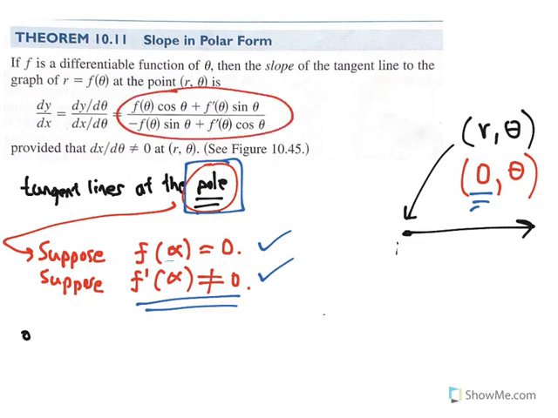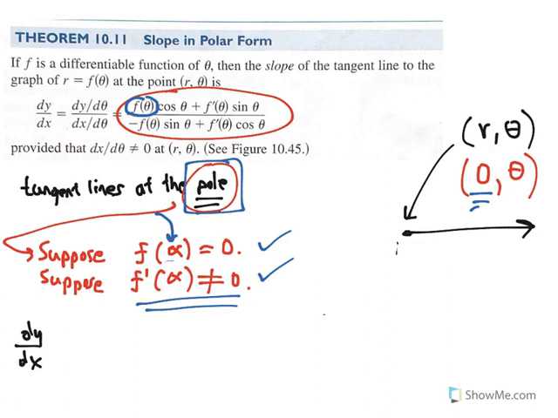So let's go ahead and see what happens when we find dy/dx. Now we're supposing that when we have the angle such that we will have a point at the pole, r is equal to 0, or f of alpha is equal to 0.